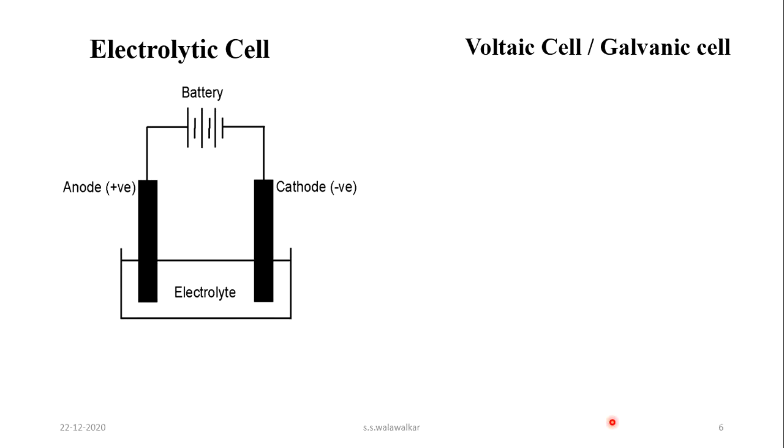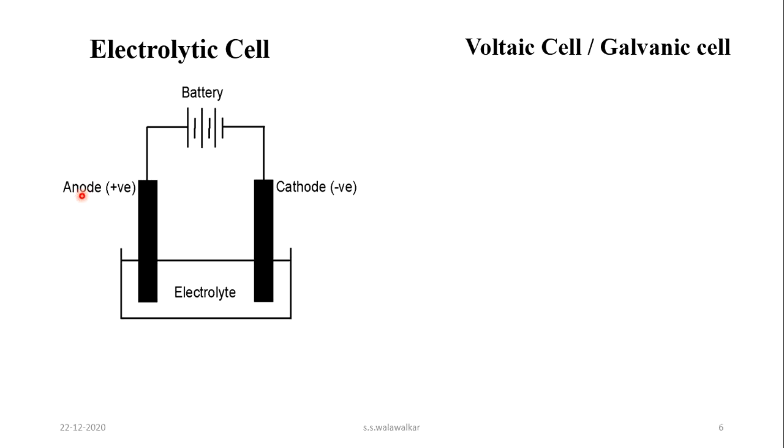Another important point about the electrolytic cell and galvanic cell: in the electrolytic cell, an electrolyte is there, and in the electrolyte graphite rods or platinum rods are dipped, and these two rods are connected to the positive and negative terminals of the battery.